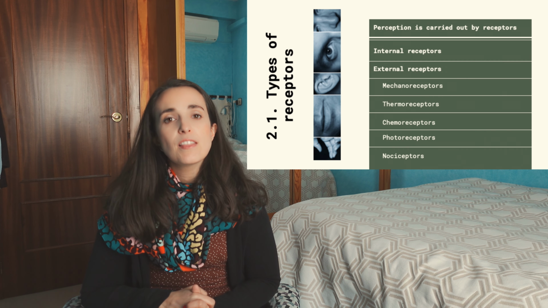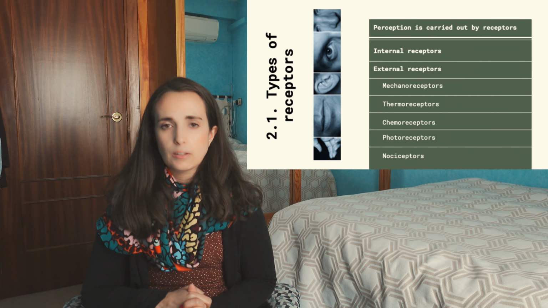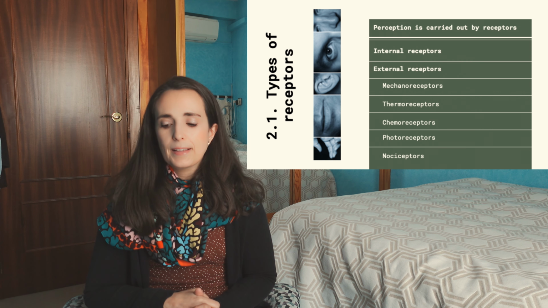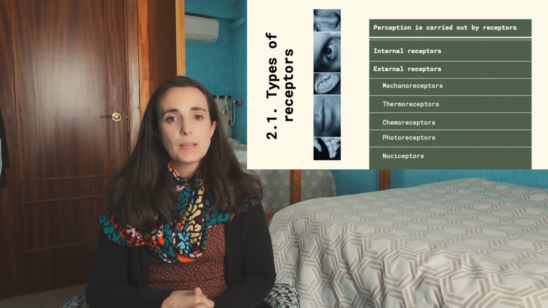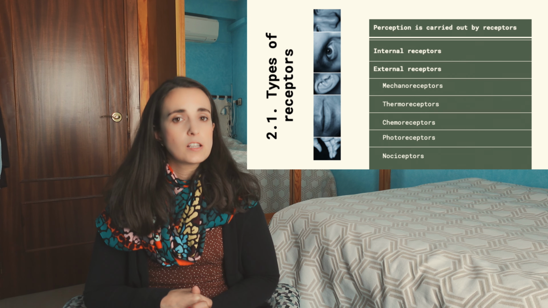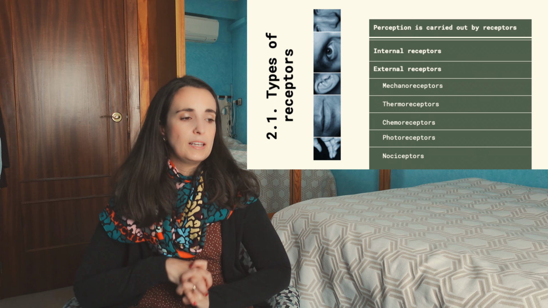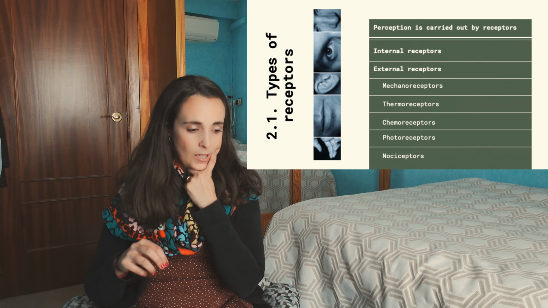We also have thermoreceptors. They receive changes of temperature, hot, cold, whatever. They will also be related to the touch. Then we have chemoreceptors. Chemoreceptors receive chemical substances, chemical signals. So we will find them mainly in the smell and in the taste.